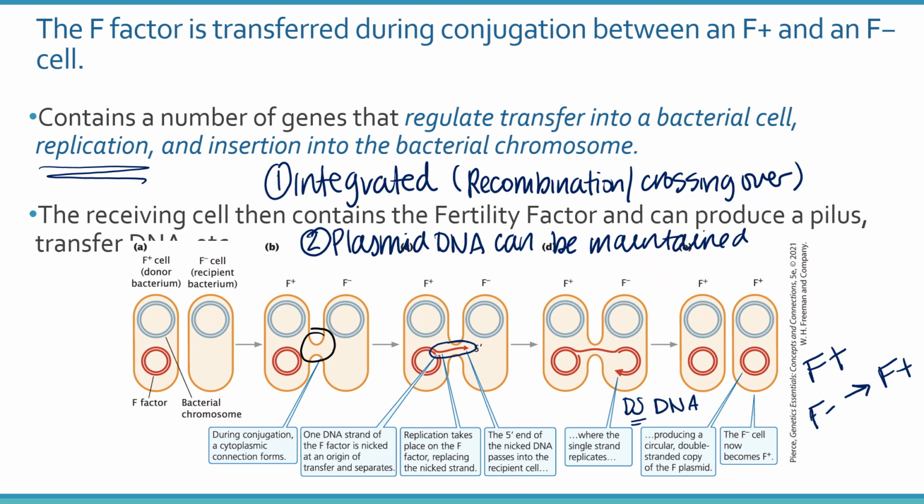So in our previous slide, it showed the piece of DNA going in and then integration in the genome. In this case, the illustration is that we have a full F factor on its own plasmid, and now this cell is maintaining it.